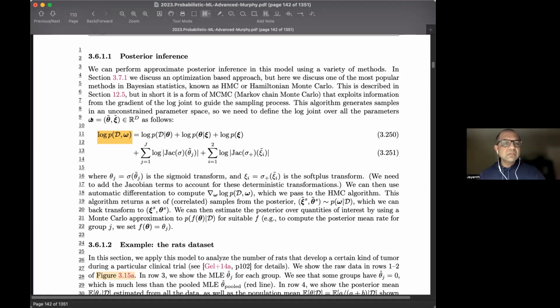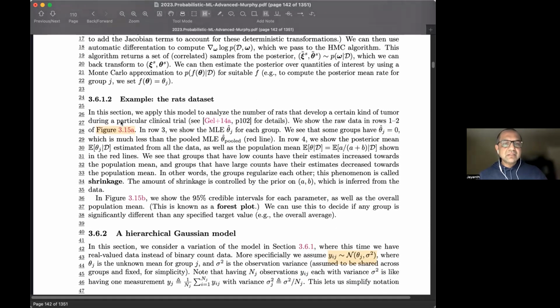I also did not follow what these tildes are. If anybody knows, please speak up. And so he talks about the joint distribution between D, the data, and the set of all parameters, the thetas and the psi that determine the thetas.